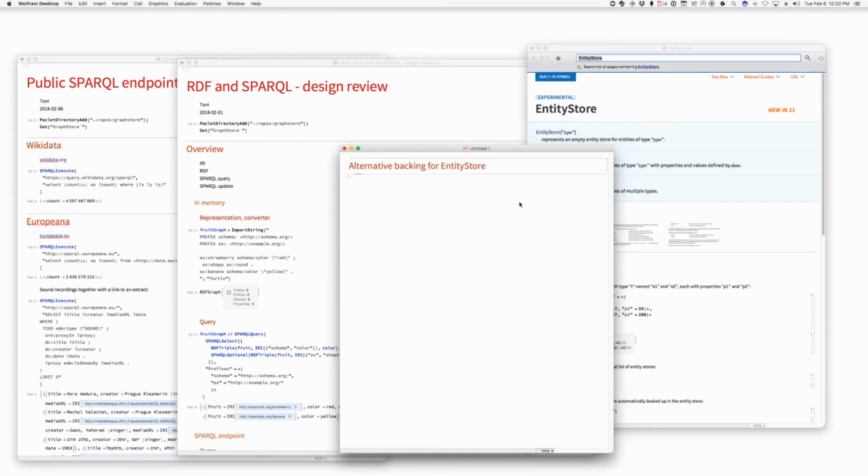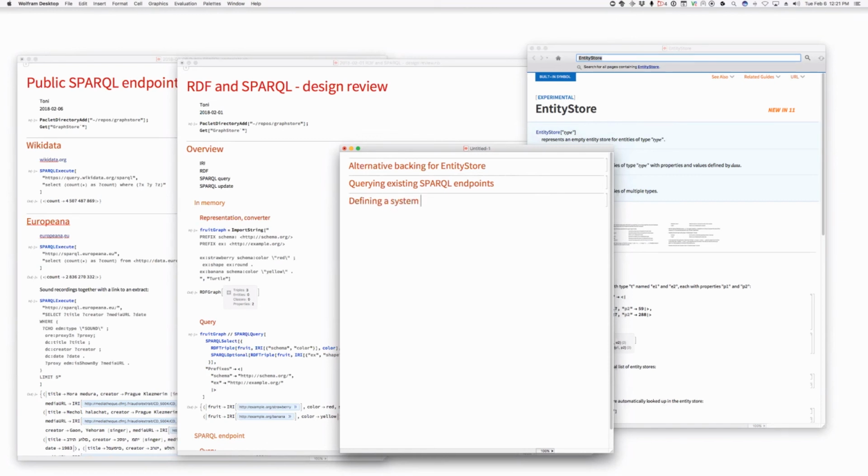Another use case is connecting to existing SPARQL endpoints. Is that correct? Connecting sounds like a lot of setup. It's really directly querying them. Okay. Querying. And a final one is basically defining a system for graph pattern matching.